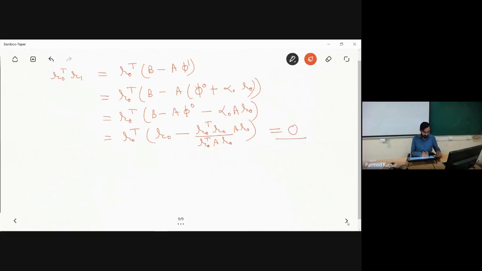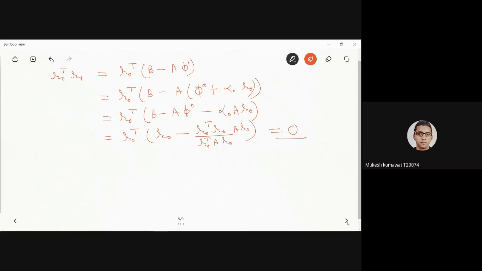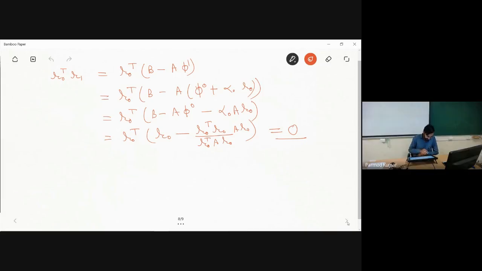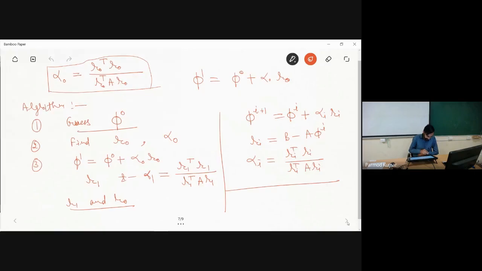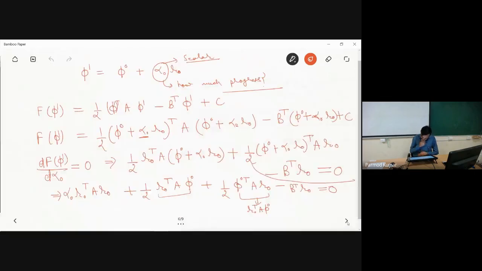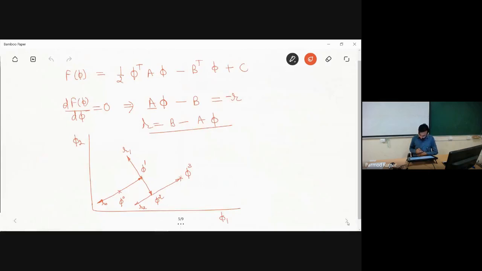So if these are two vectors and their multiplication is equal to 0, it means these two vectors are orthogonal to each other. Is this point clear? Yes, sir. So that's why, while I was showing you the marching of the solution in the steepest gradient method, I have drawn these two residual vectors perpendicular to each other.